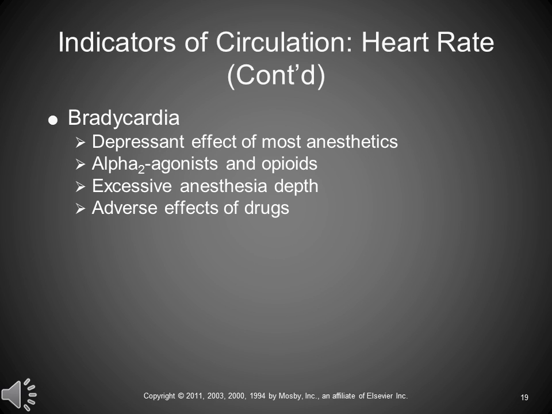Excessive anesthetic depth certainly has got to be a consideration, and possibly adverse effect of other drugs. Sometimes you can get some paradoxical effects. The drugs that should probably speed the heart up can actually cause a bradycardia. You got to know what you're doing, and if you have a bradycardia, figure out what's going on. Are they too deep? Is it the alpha-2? What's going on? And once you understand, then you can correct it. But keep a bottle of glycopyrrolate in your pocket.